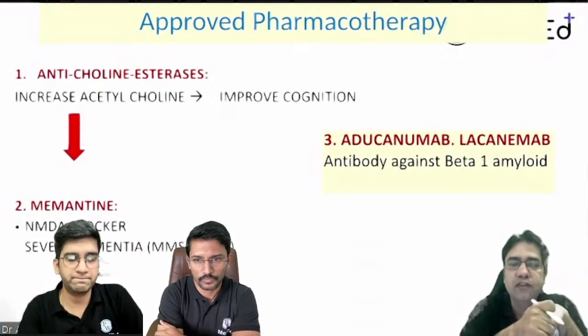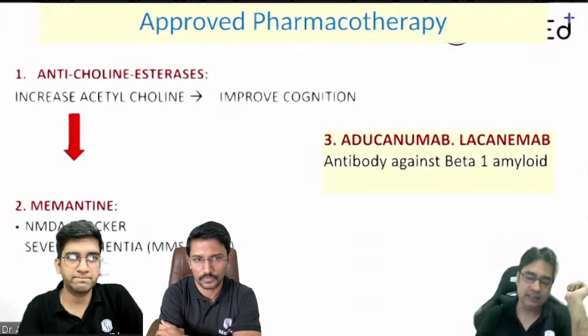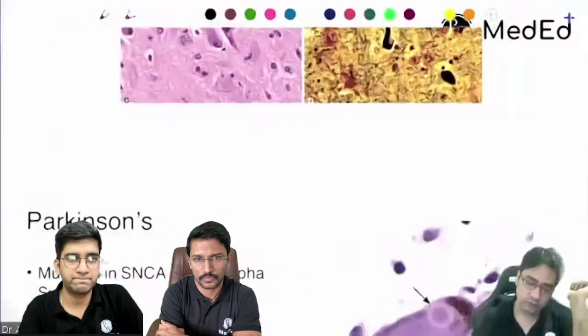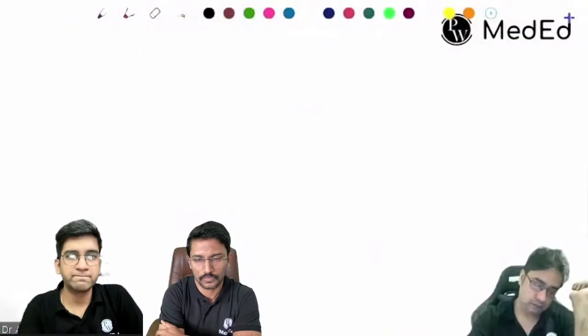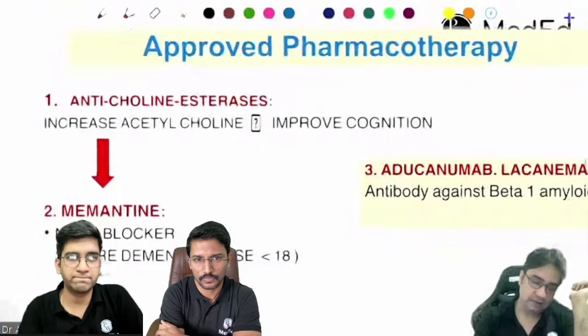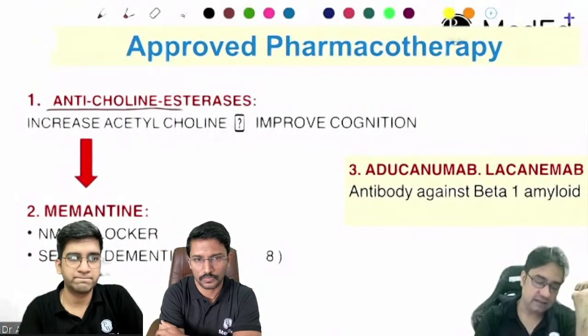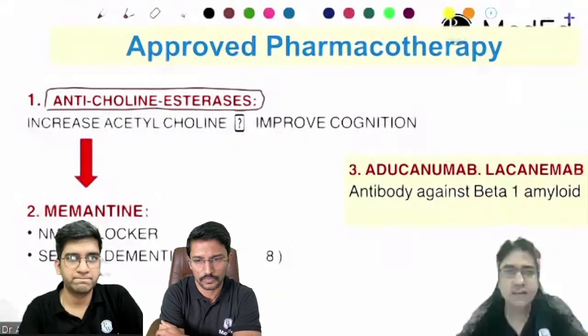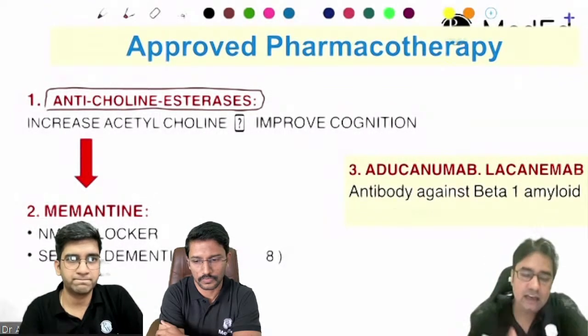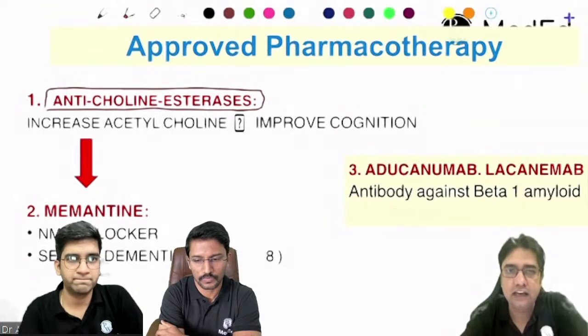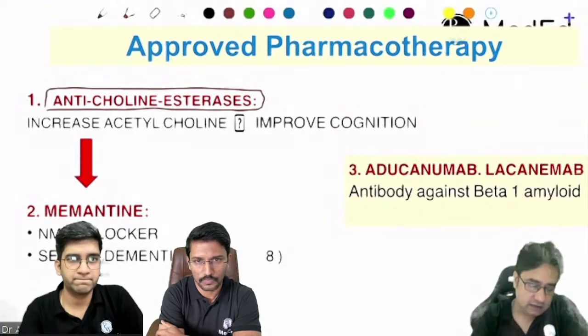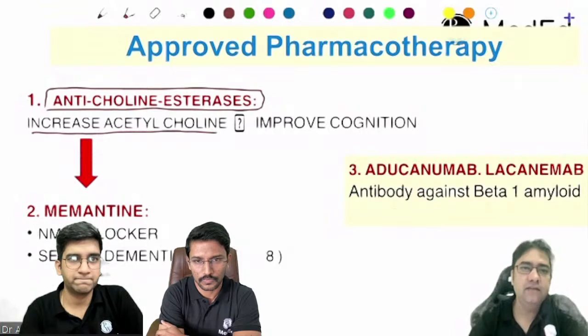So let's jump over to the pharmacotherapy of Alzheimer's disease. The first class of drug which I'll show you is anticholinesterases. These are the oldest class of drug. They inhibit the degradation of acetylcholine, hence the level of acetylcholine in the brain will increase.